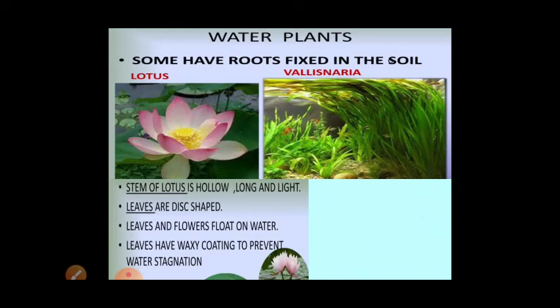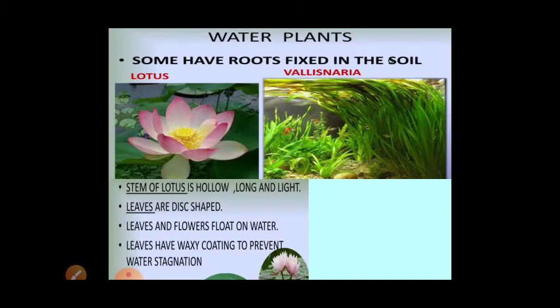Then the leaves are big and spread, and their stomata are present on the upper surface. Normally plants have stomata on the lower surface, but in water plants the stomata are on the upper surface, as it helps in respiration, to take carbon dioxide and oxygen for photosynthesis.